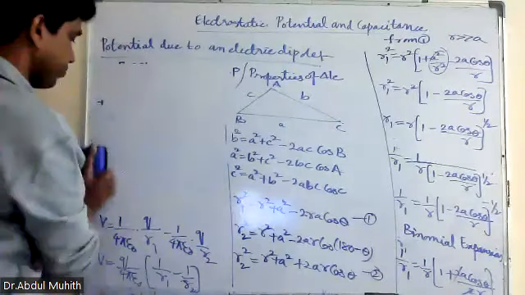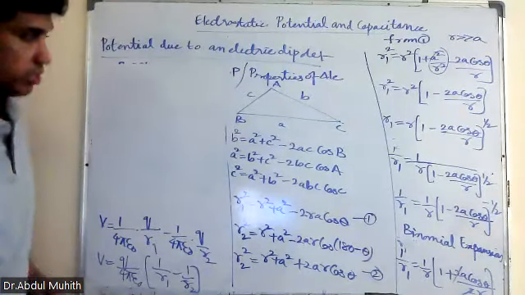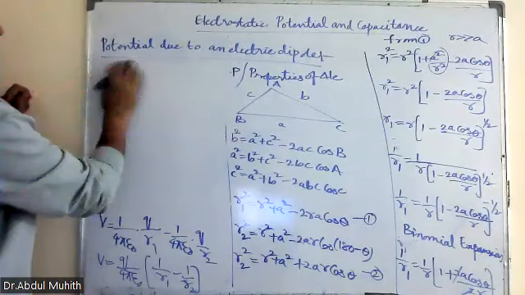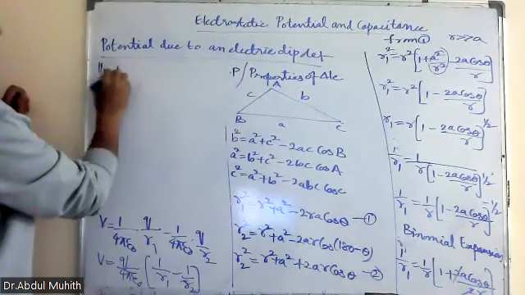Okay, now what is left now? See here. Similarly, we get, I am now solving for 1 by R2.